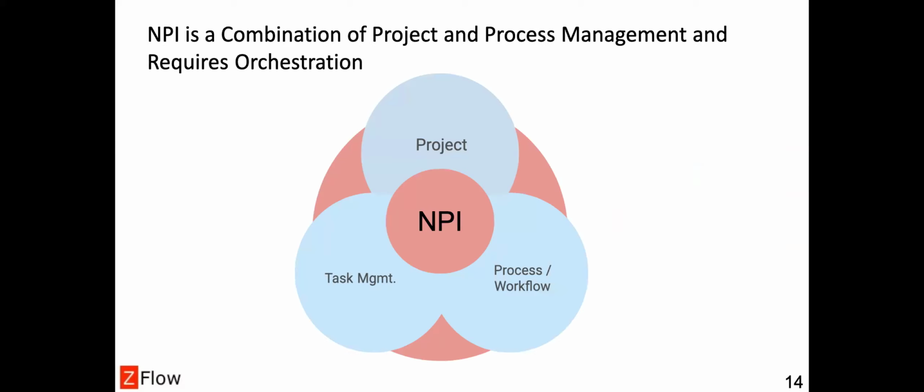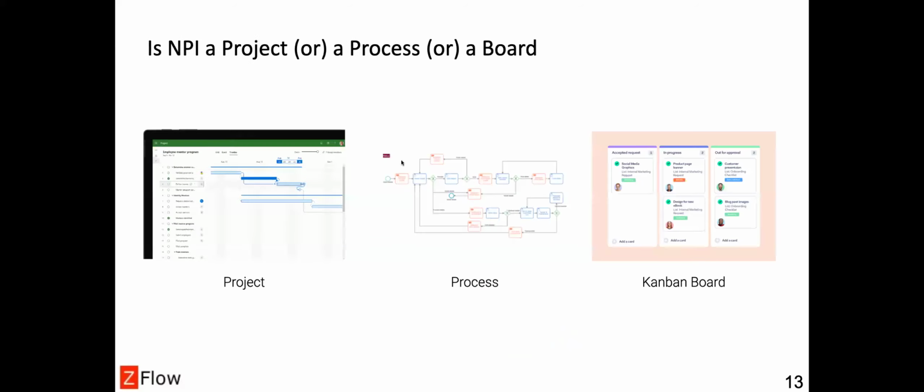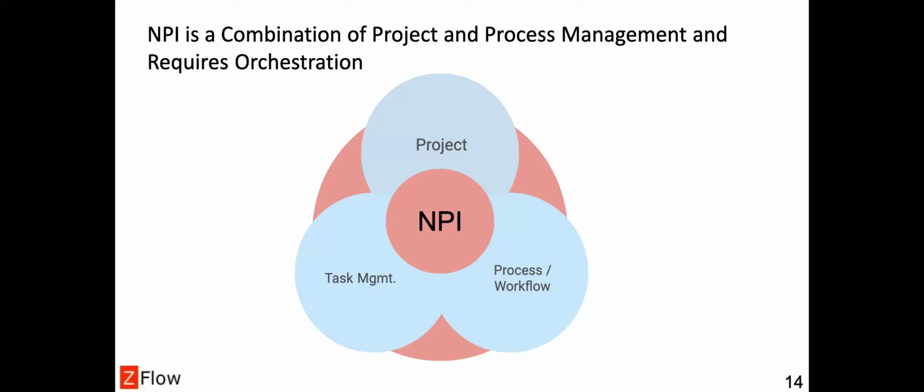And all of them, if you use one or the other or the latest entrant into this game, one thing that you will observe is, hey, NPI is actually a combination of all of these different techniques. Often you need to organize it as a project. You will see a lot of different workflows within the scope of the project.